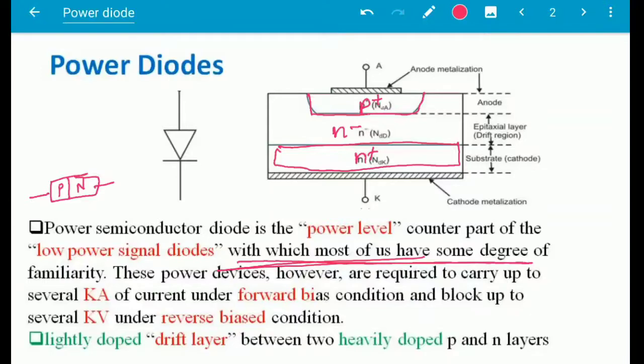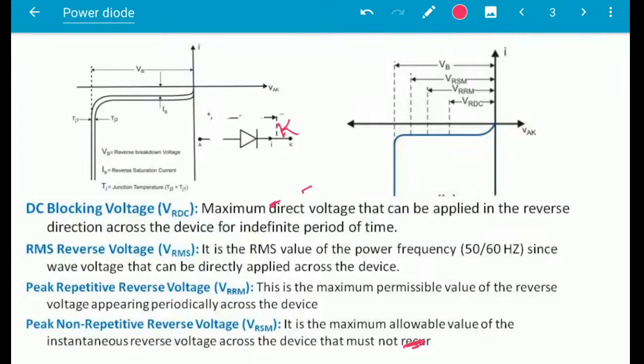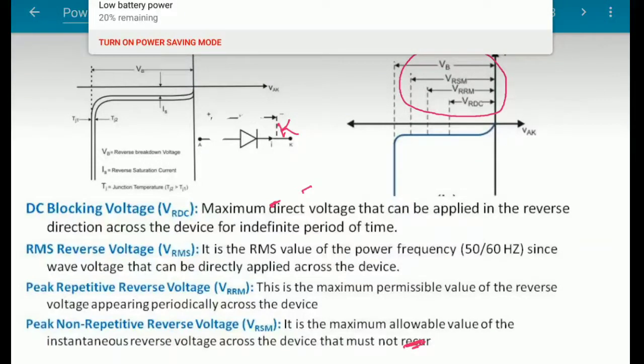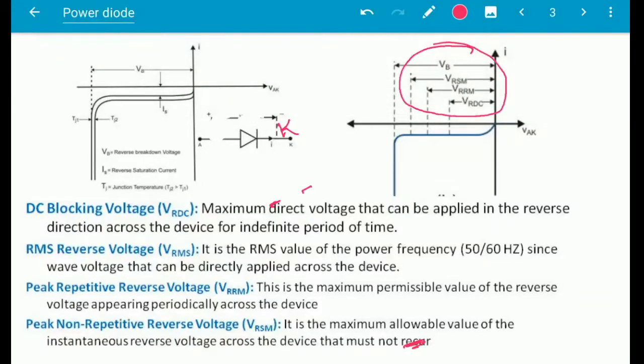These are the two main questions that can be asked, and from this slide questions can be asked on the order of these voltages. The orders may be manipulated and can be made into multiple choices, so the question can be framed as these voltages and their orders.